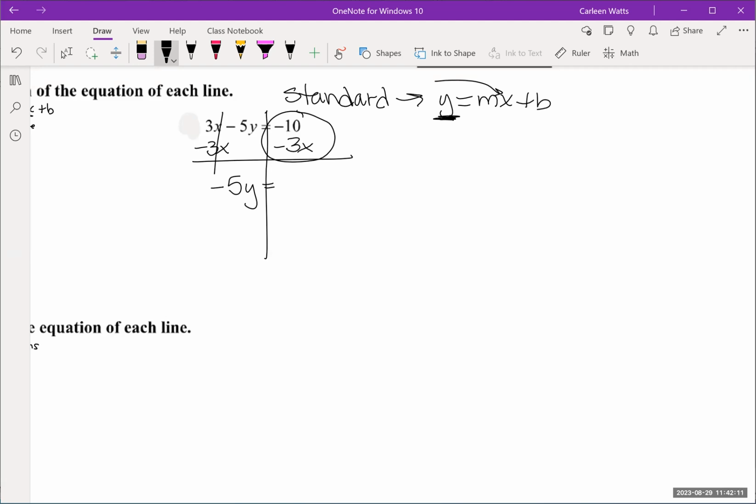Those are not like terms. You cannot add a constant term and an x term. Those are not like terms, so we list them separately. You cannot combine them if they are not like terms.